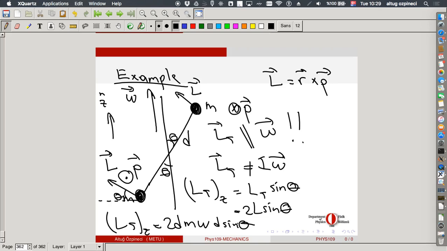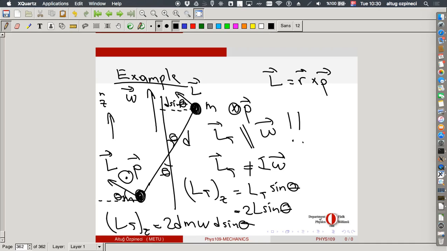Its distance from this point is d sine theta. So omega times r is the speed of my object, and m times the speed is the linear momentum. So d times m omega d sine theta is the magnitude of the angular momentum, and the angle between the two is 90 degrees, sine of 90 is just 1.